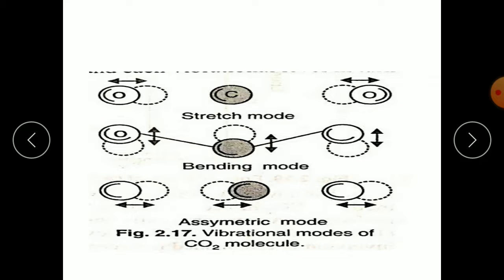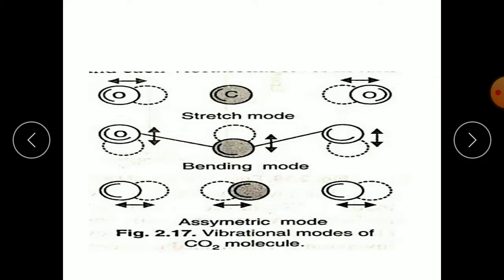So these are the three different modes of vibration, and any quantum state is represented by n, m, q, that we have seen in the last video. These are the quanta of each mode.